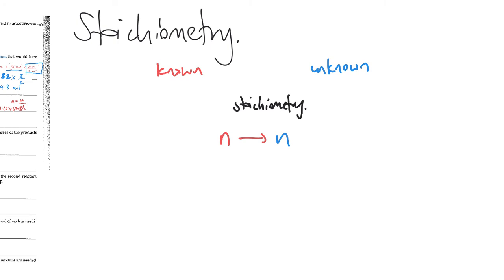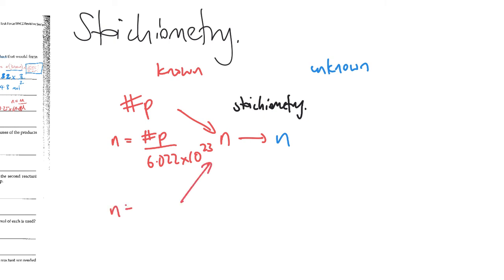However, how we get the number of moles of our known might be very different. We might use the number of particles, which would be number of moles equals the number of particles over Avogadro's number. We don't use this one very often, but it could be. But you could also get number of moles from the mass. Number of moles is equal to, from the mass, little m over big M.